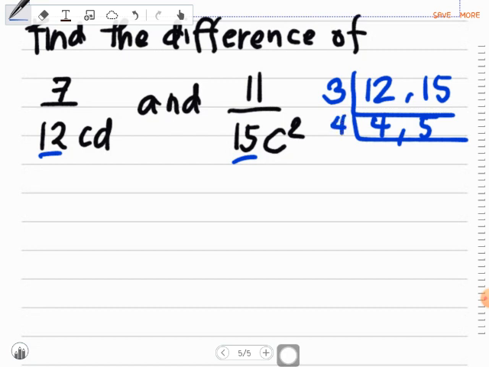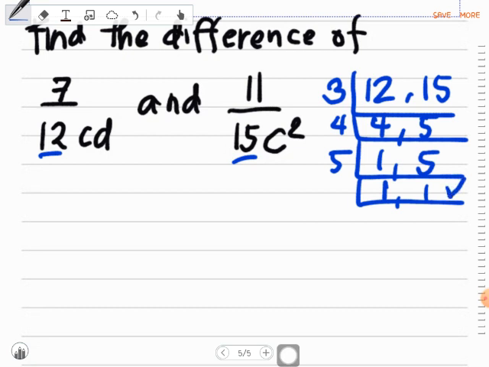And then 4 divide 4 is 1, cannot be, so copy. And finally, 5, copy 1, and then 1. So, ang target natin na maging 1 silang pareho ay na-accomplish. Then, 3 times 4 is 12. 12 times 5 is 60. That's why, ang kanilang LCD ay 60.